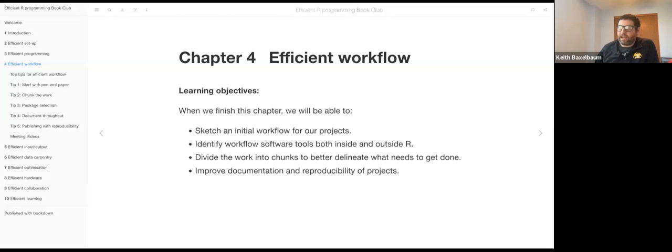In particular, I hadn't seen the R libraries that they talk about for doing the kind of R internal planning, and didn't have time to play with them, but would be really interested if other people have toyed with those, if they're any good. Talked a bunch about dividing work into chunks, and then had a little bit to say about documentation and reproducibility as kind of critical aspects of an efficient workflow.